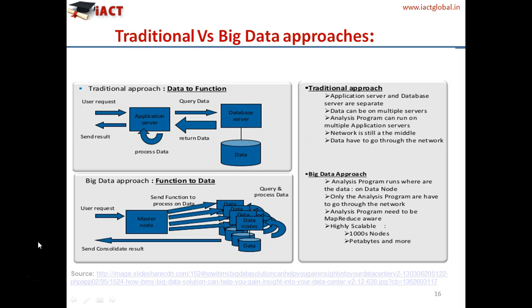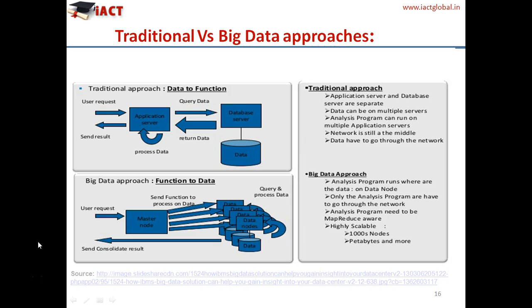The analysis program can be run on any application server, but first we have to query the database, and then the database will return the data, the processing will be done on the application server, and then it will send the result back to the client. In all this process we can see there's an extra step: the data has to go through the network, which was eliminated in the big data approach.